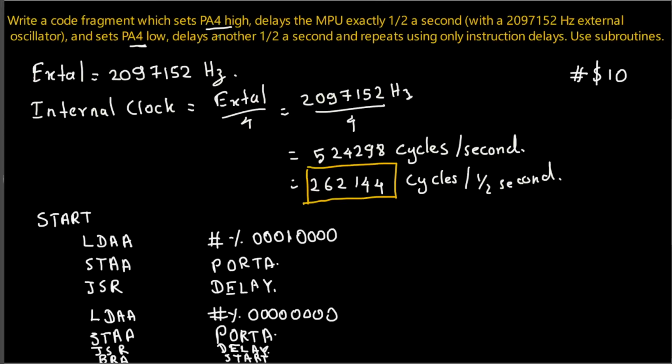So now I'm going to create the subroutine. It's called delay, and here we are going to load index X with a value that helps us with the loop, because we are going to run a loop a certain number of times to create the cycles we want to achieve. This many cycles we want to create.